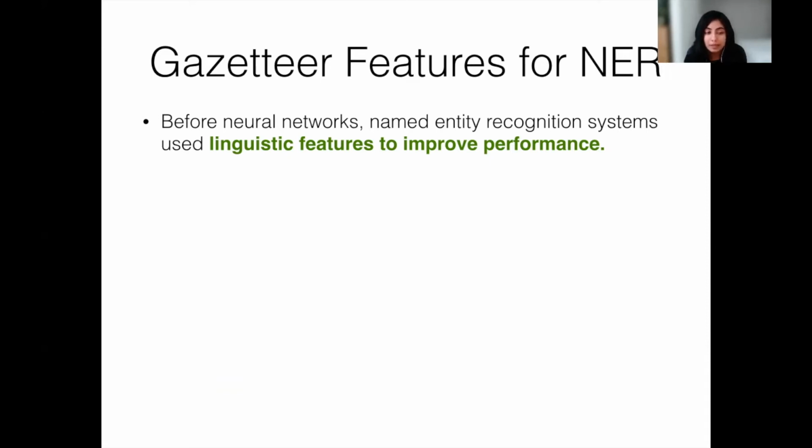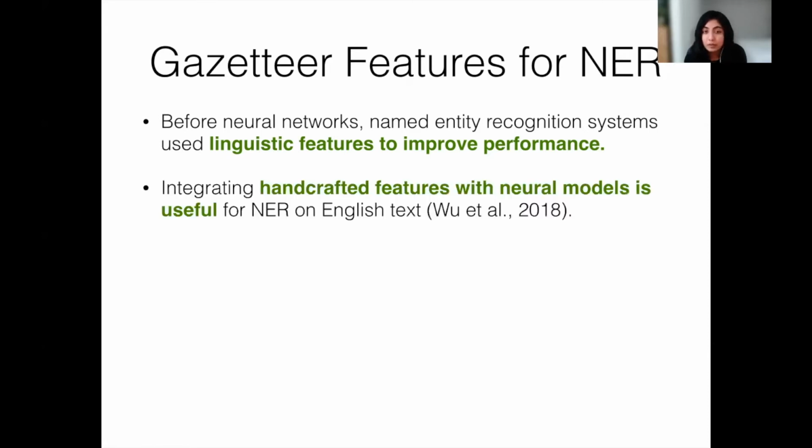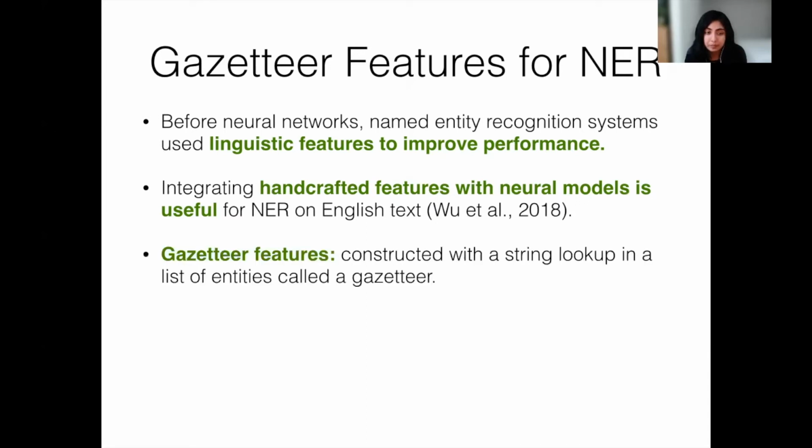Before the widespread adoption of neural networks in natural language processing systems, named entity recognition models used linguistic features such as syntactic and lexical features to improve performance. It has also been shown that integrating these handcrafted features with neural models is useful and leads to better performance on English text. Of specific interest to us here are the linguistic features created based on gazetteers.